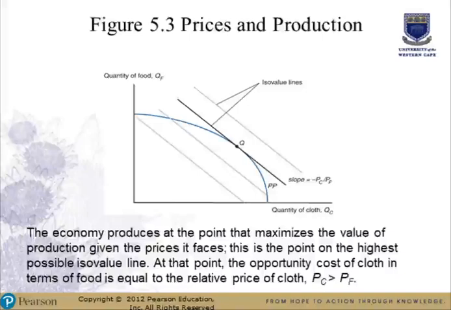Figure 5.3 illustrates the production point, which is point Q, of the economy. The point Q maximizes the value of production given the prices of both food and cloth. As reflected at point Q, the slope of the ISO value line is equal to the slope of the production possibility curve. This means the trade-off in the production of cloth and food equals the trade-off according to market prices.